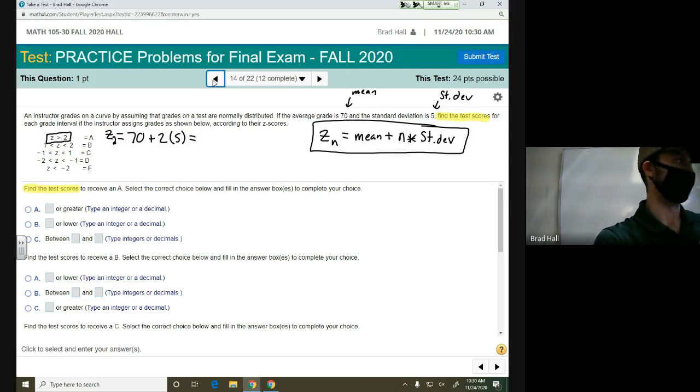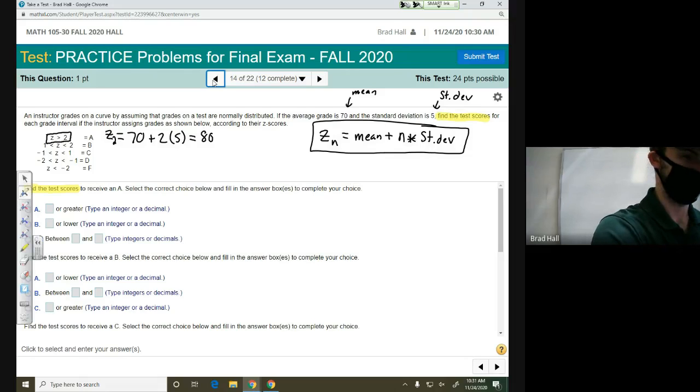So really they're telling us to add the standard deviation twice to the mean, and that's 80. And it's just 80. Okay.